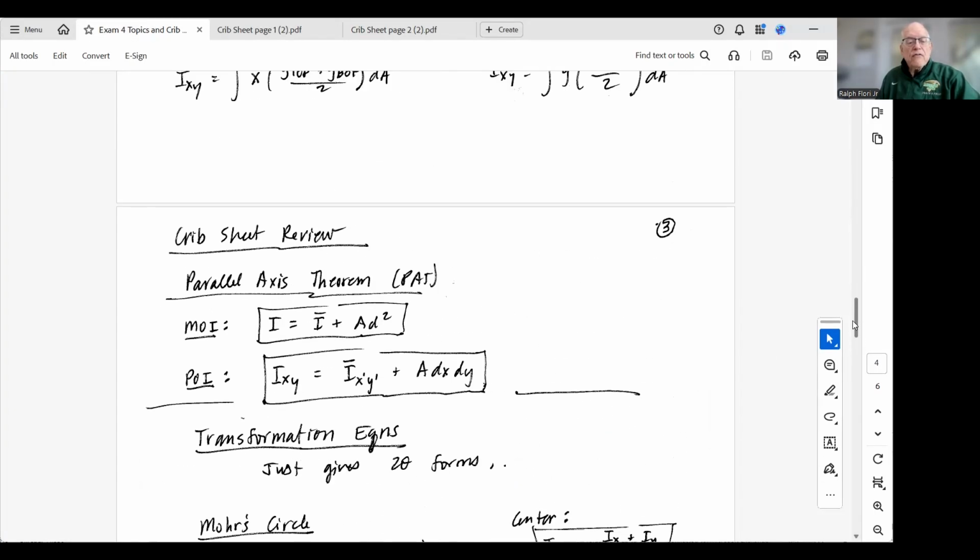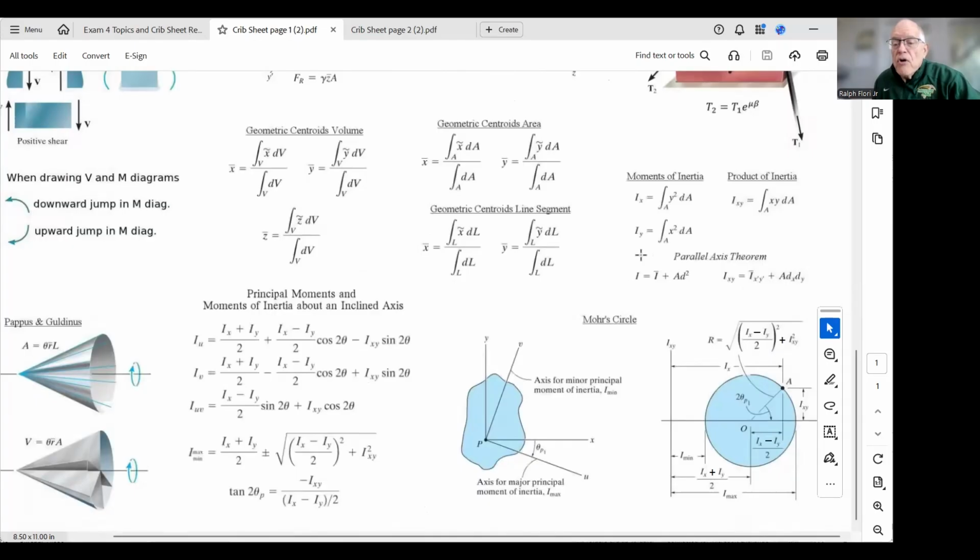Oh, we skipped over this parallel axis theorem. So the parallel axis theorem is also on page 1. For moment of inertia, the parallel axis theorem says Ix or Iy is equal to I bar, which is a centroidal I, plus an area times a distance squared.